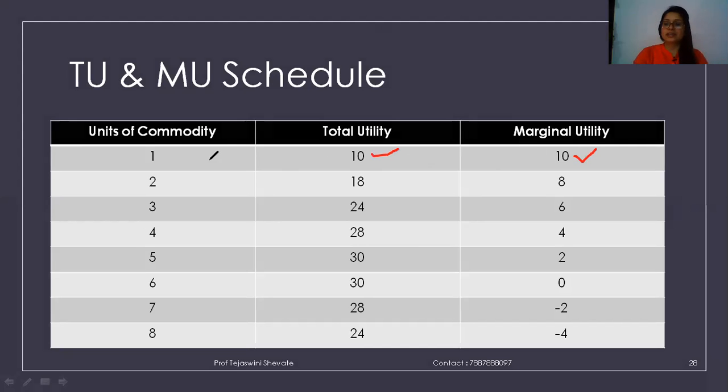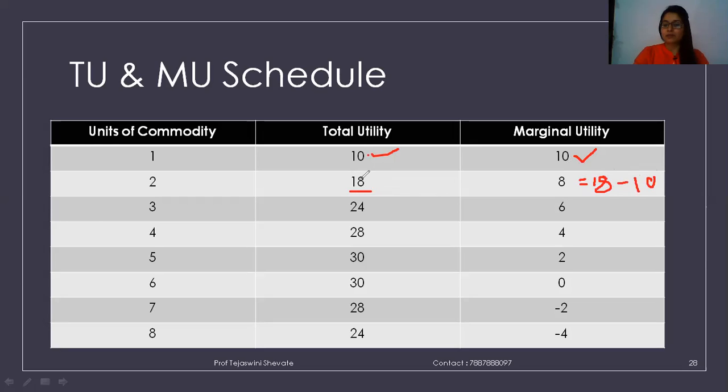Now moving to the next commodity, in case I consume one more mango, that is the second mango here, the total utility that I have derived now is 18. In order to find out the marginal utility, I need to take the total utility of the previous unit, when I consumed one mango, that was 10, so I do 18 minus 10.